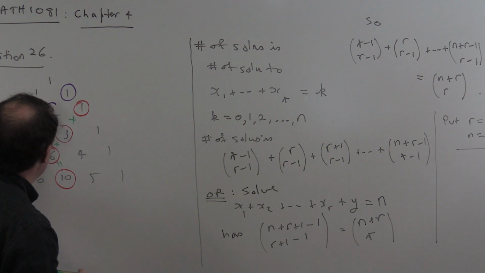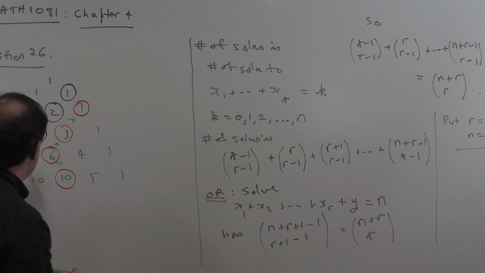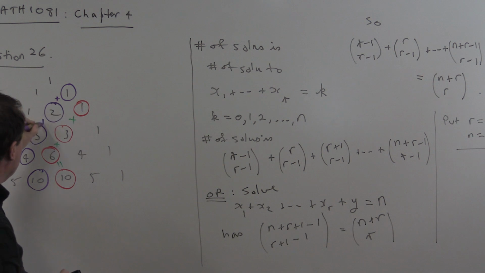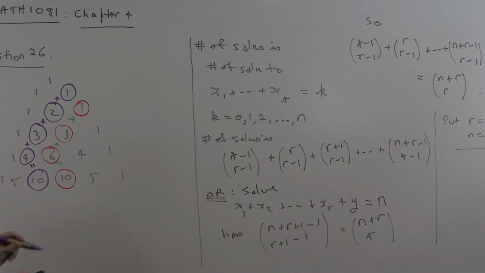So I'll get that one, that one, that one, that one, and I add them up, 4, 5, 6, 7, 8, 9, 10, and there it is. There's the 10 down there as well. And so if I add up that one plus that one plus that one equals that one. And that's how you can interpret this combinatorial identity in terms of Pascal's triangle.